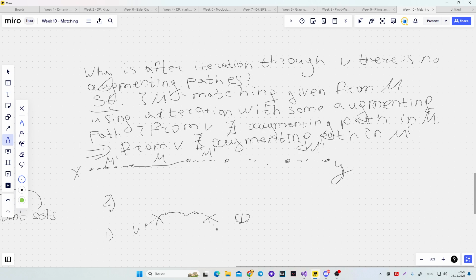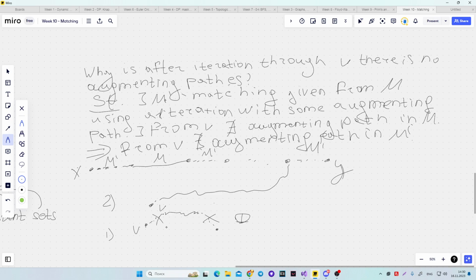Second case, it's convenient to draw this. We consider some path, and this path intersects with our matching M prime.